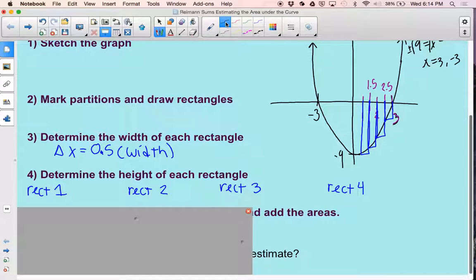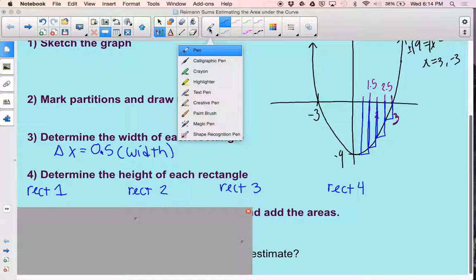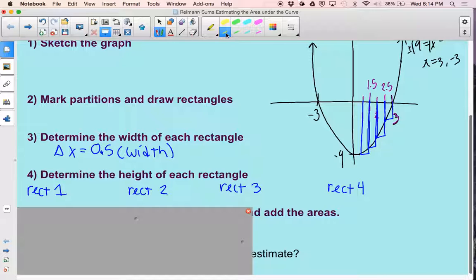Now, to find the height of each rectangle, I need to plug in my x value into the function so that I can figure out how high or how low it goes. So for example, I want to find this height, I need to plug in 1 into my function. So y equals 1 squared minus 9. So that gives me negative 8.